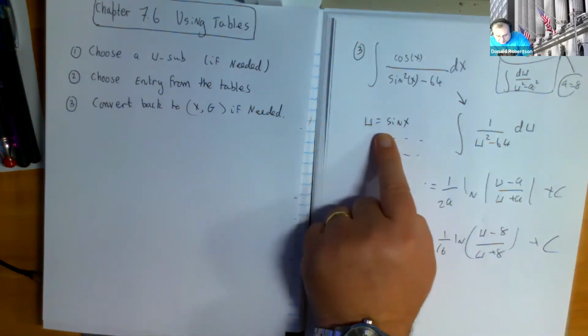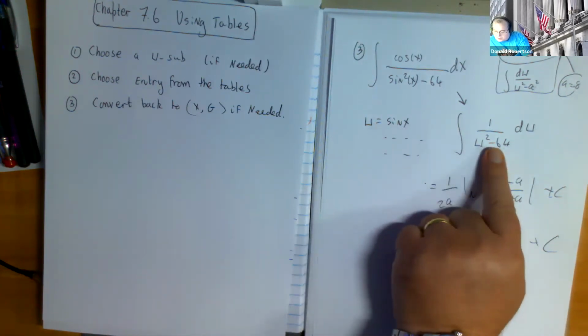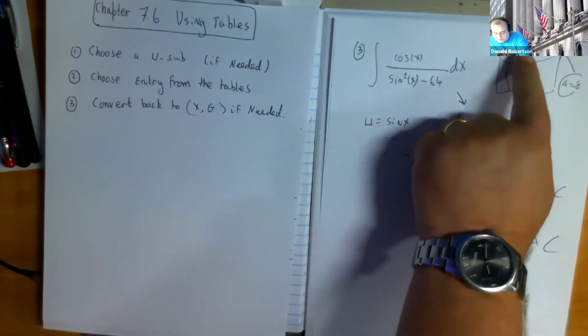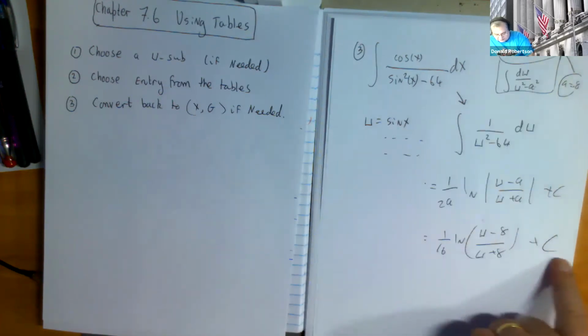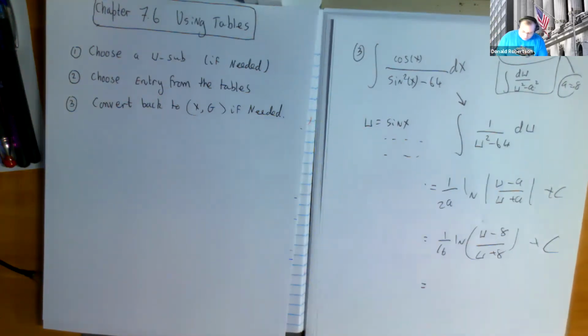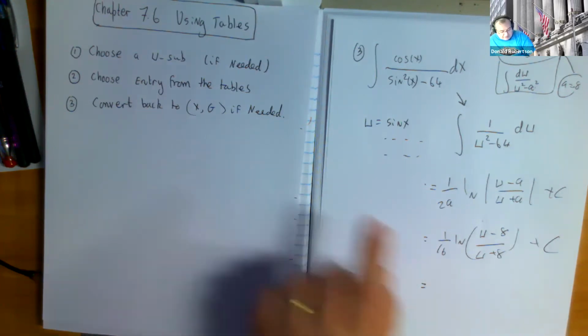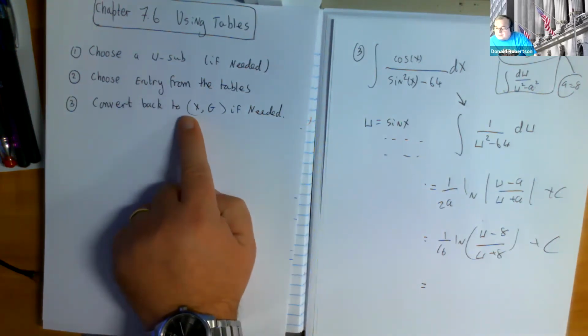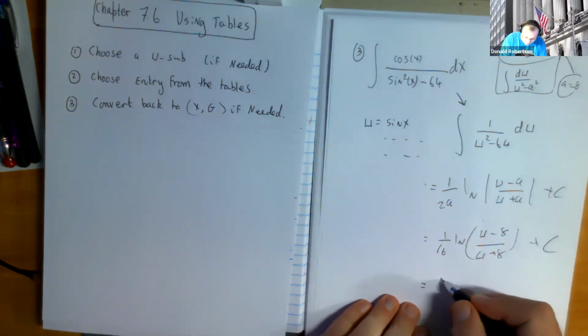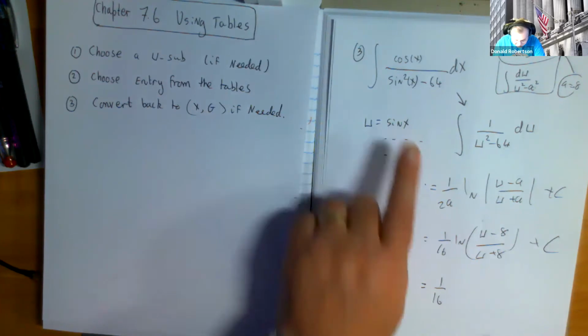So there's a U sub that turns it into one of these. That becomes an entry. You get the answer. And then you have to do one more thing or it's not finished. What was step 3? Convert back into the x's or the thetas or whatever it happened to be. In this case, it was sine x.